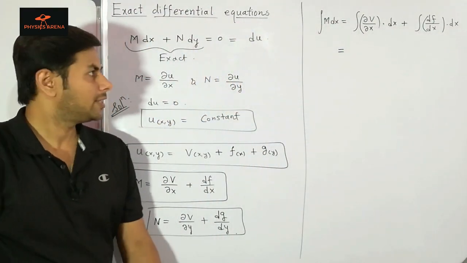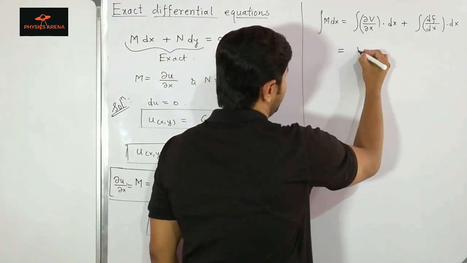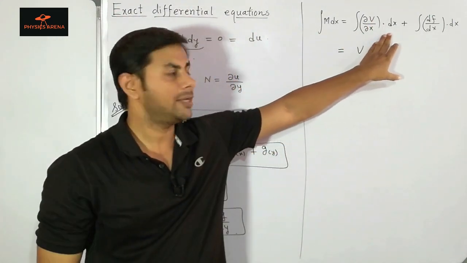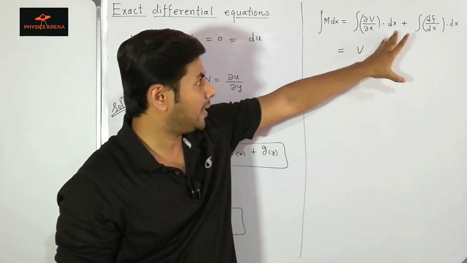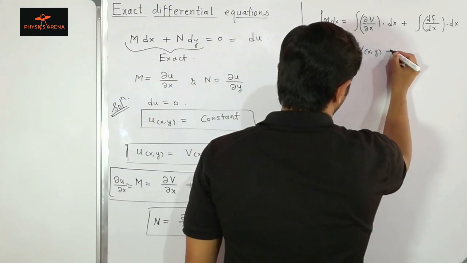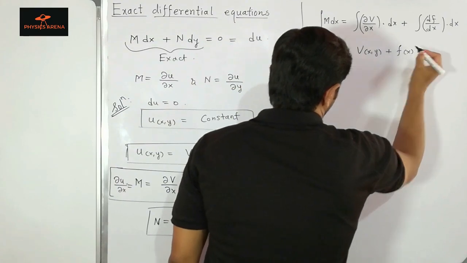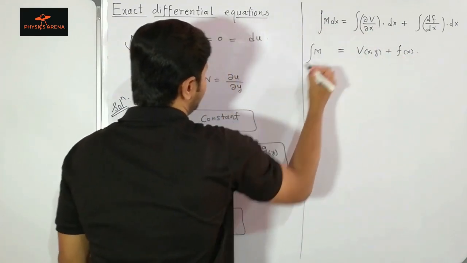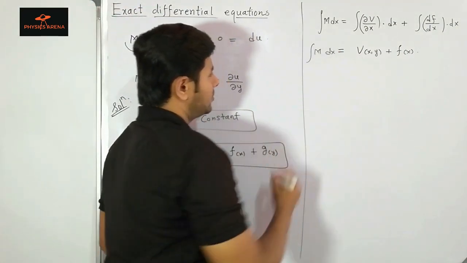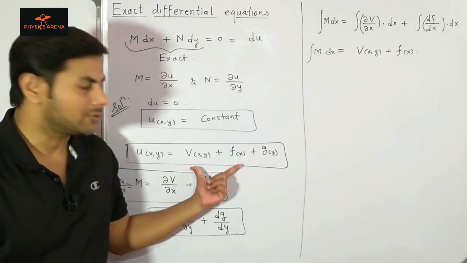And since the integral is an antiderivative, we get the integral of this term should be v, because we are taking the derivative with respect to x and then we are integrating using x as an argument. So we have v, which is a function of x and y, plus f, which is a function of x only. So if we integrate m only from this given equation, what we get is this part of the required u. Okay.